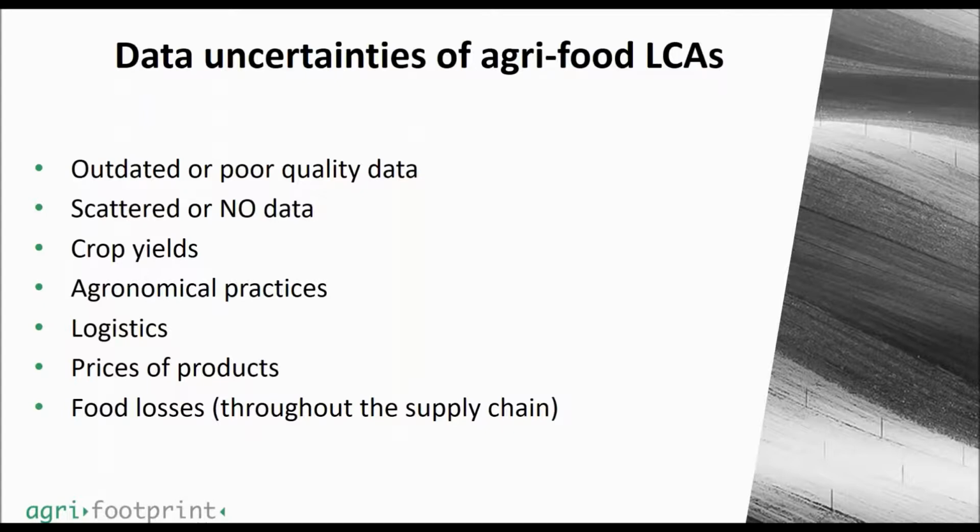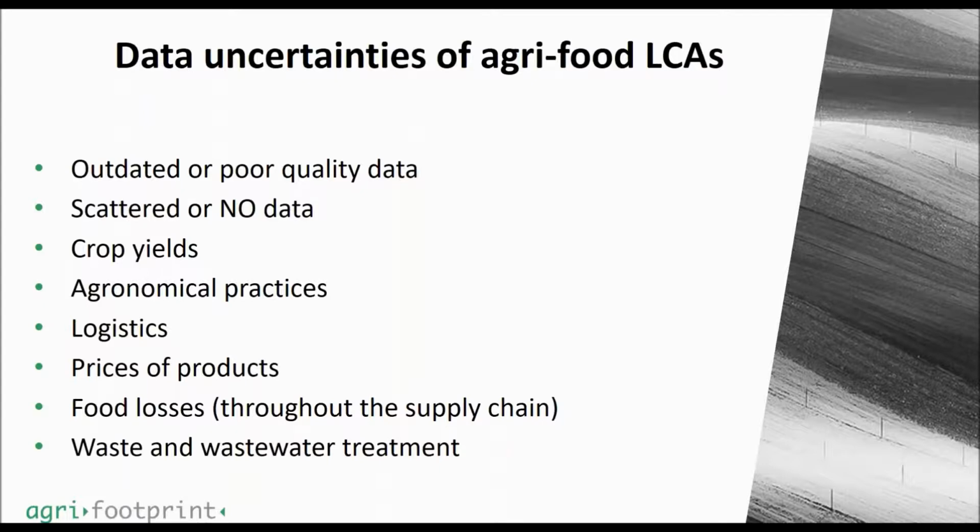Moreover, food losses is another important gap in the agri-food LCAs. By this, I mean food losses throughout the supply chain, but also food waste. As far as I know, there are some initiatives to document these losses on a country level, but there is still no concrete database on that.